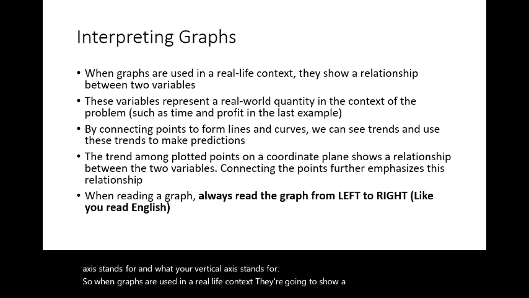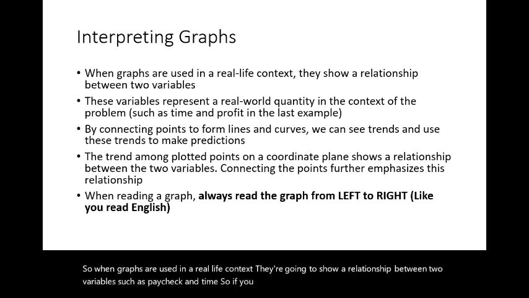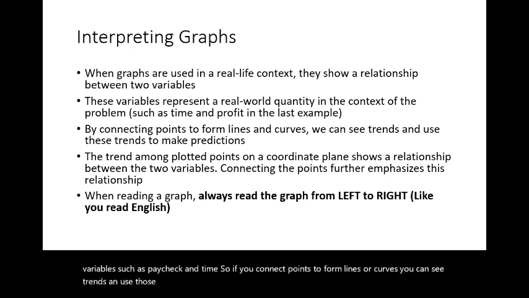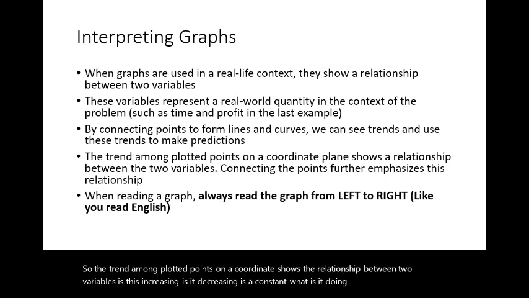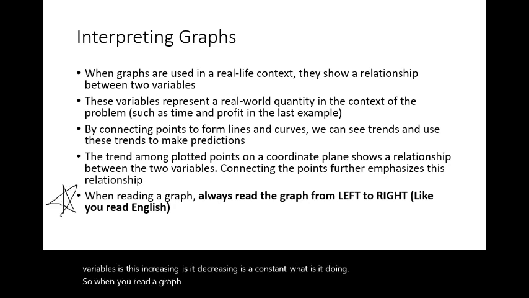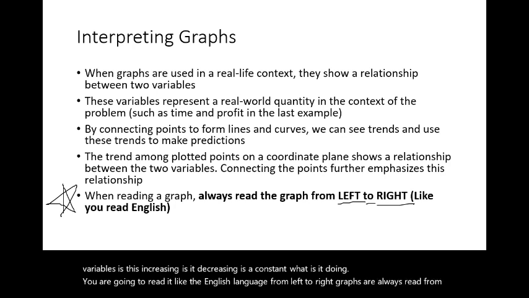If you connect points to form lines or curves, you can see trends and use those trends to make predictions, and it'll allow you to see patterns. The trend among plotted points on a coordinate plane shows the relationship between two variables. Is this increasing? Is it decreasing? Is it constant? What is it doing? When you read a graph, you are going to read it like the English language, from left to right. Graphs are always read from left to right, just like English.